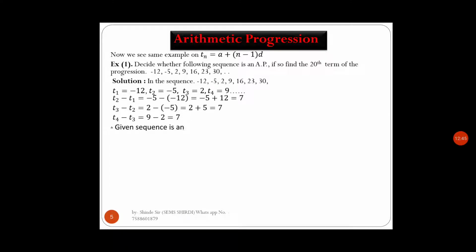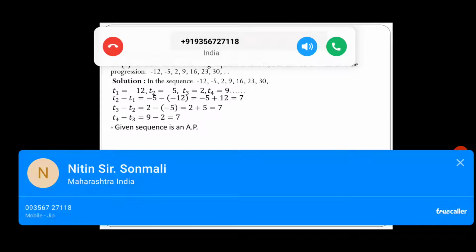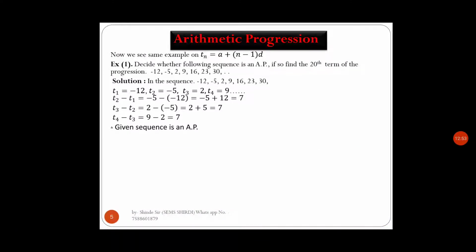Therefore the given sequence is an AP. Why? Because the difference between two consecutive terms is constant. Here A is equal to minus 12, D is equal to 7.